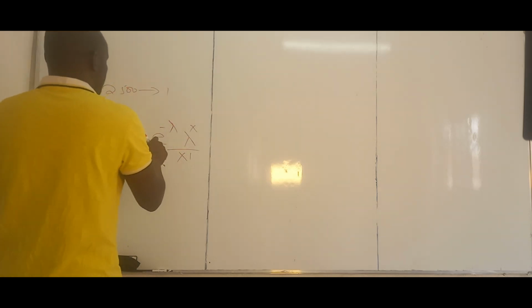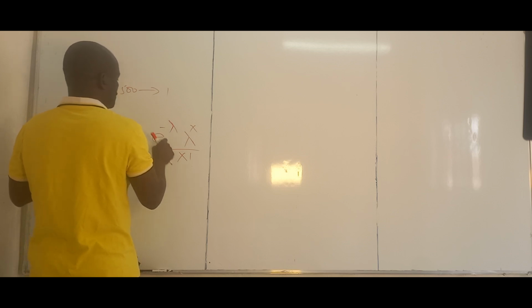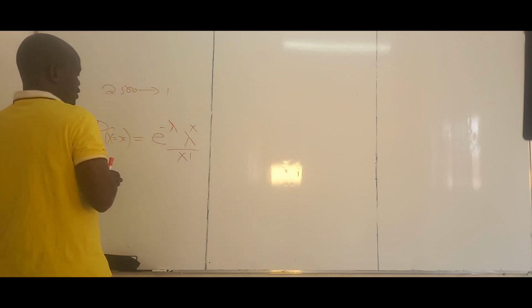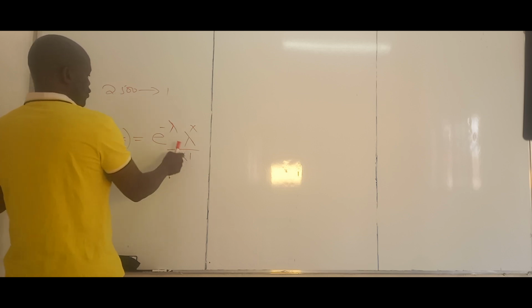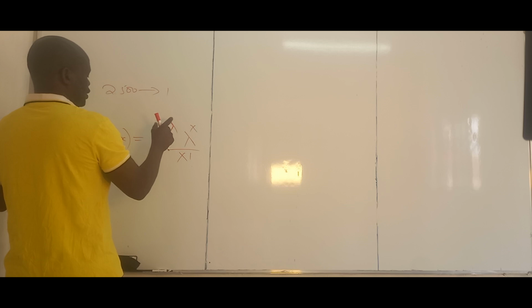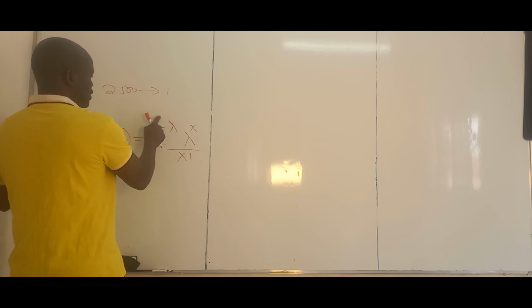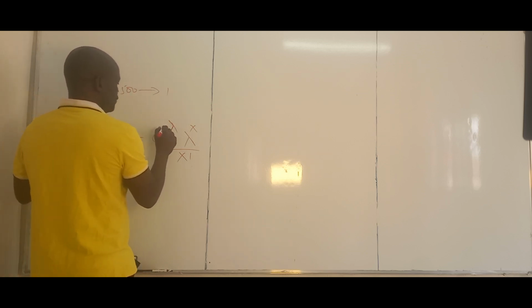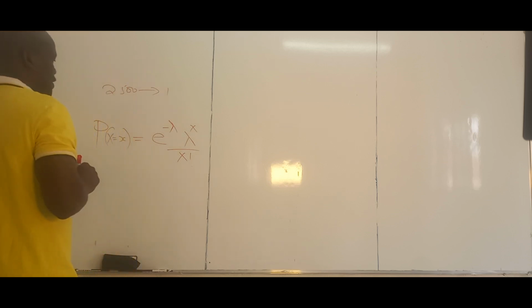E is the usual e that we know. The only parameter whose value we need here is lambda.